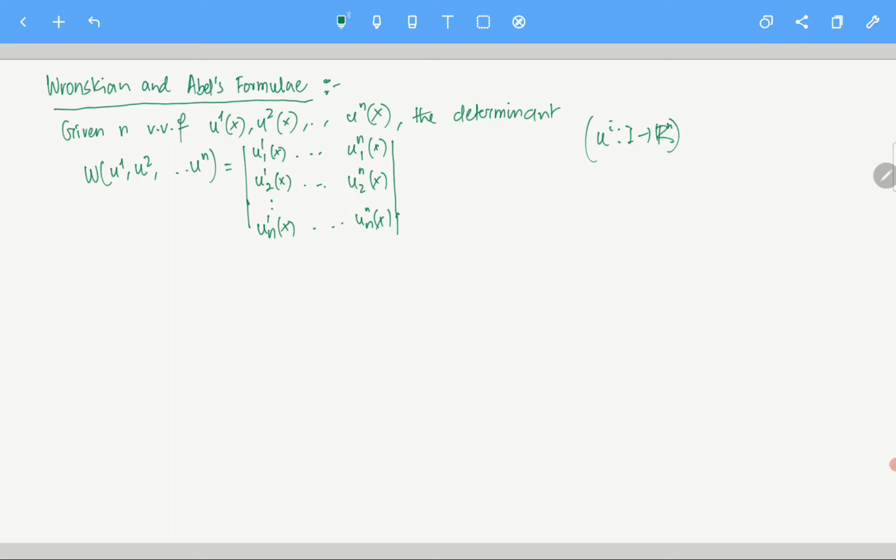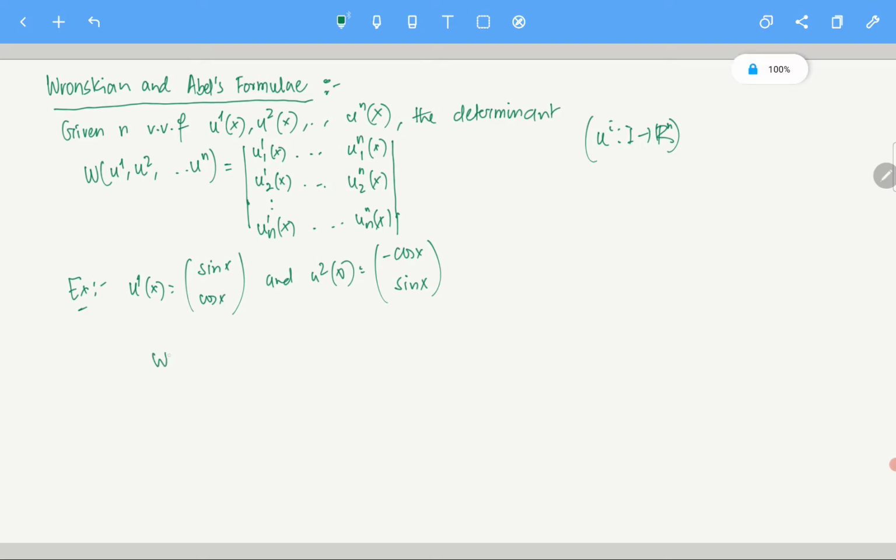So for example, let's take u1 of x to be sine of x and cosine of x, and u2 of x to be minus cosine of x and sine of x. Now let's see what the Wronskian is.